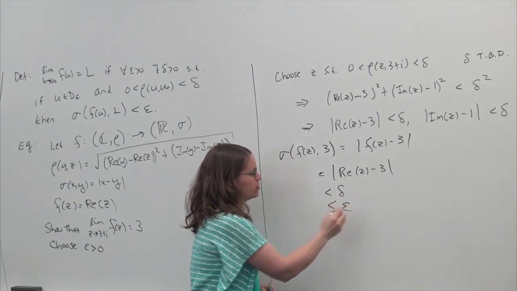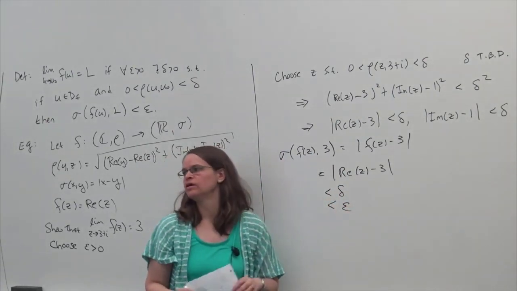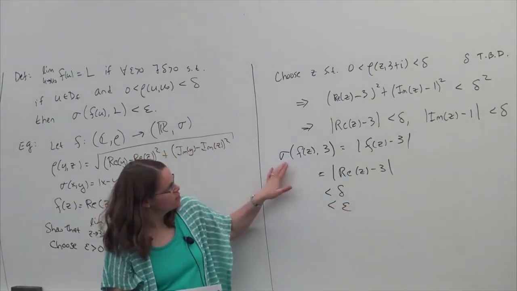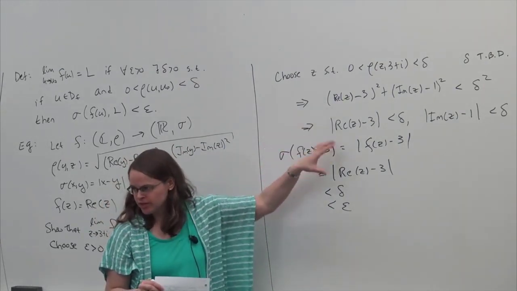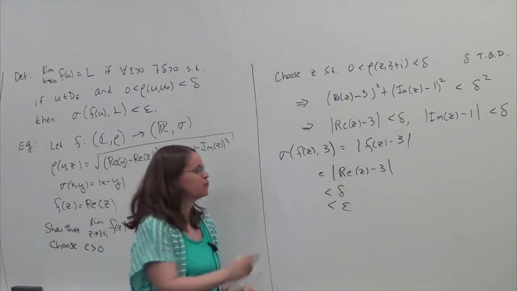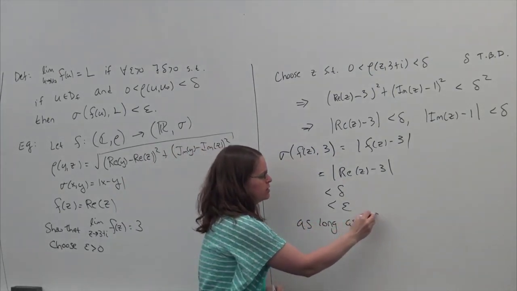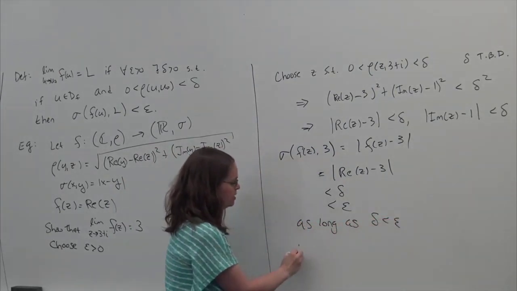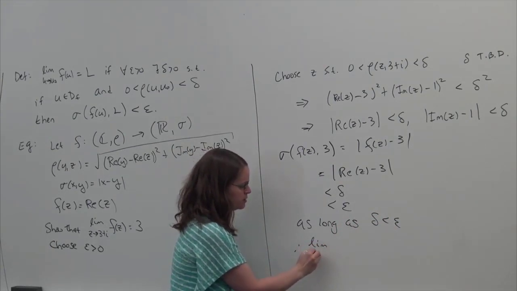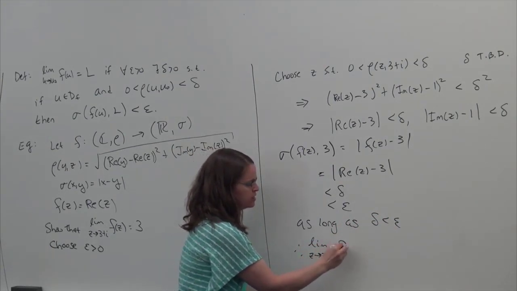So we can force this certainly to be less than epsilon, right? As always, we simplify. We write down the metric that we need, put in all the definitions, simplify, force it to be less than epsilon, and this is certainly true as long as delta is less than epsilon. So we say, great, this limit was indeed equal to 3.